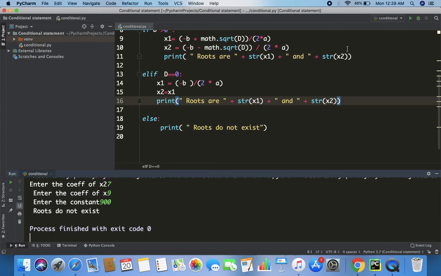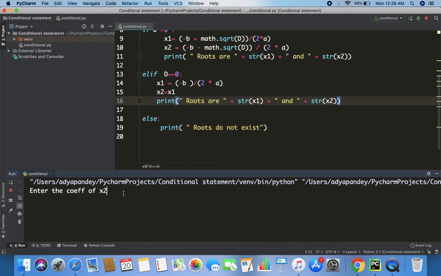Now the next condition is to check the case of two distinct roots. Suppose the roots are 3 and 4, so it will become x square minus 7x plus 12. I take the coefficient of x square as 1, then minus 7, and then 12.